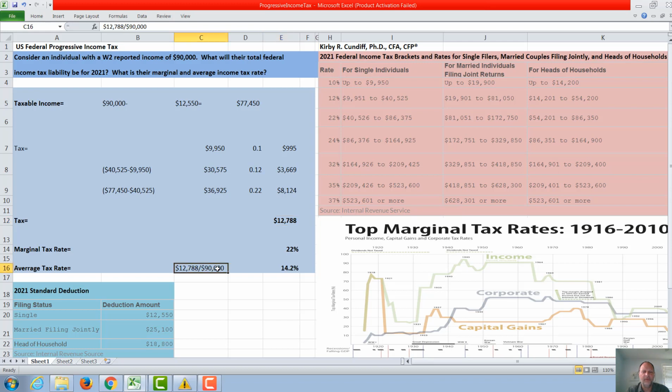If we divide this by their total income, sometimes books will ask for taxable income, but if we divide it by total income, we get a tax rate of 14.2%. So again, consistent with the idea of progressive income, the more you make, the higher taxes you pay, or the higher taxes are paid on the last dollar of income. We see that the average tax rate of 14.2% is well below the marginal tax rate of 22%.